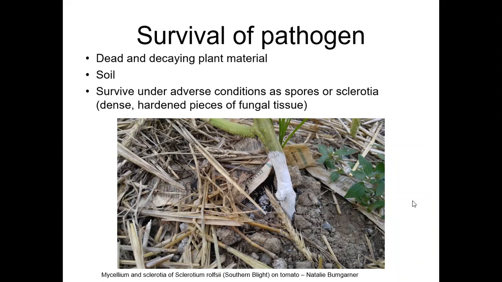But we can identify it through the lab by taking samples and making slides and looking for those fungal spores under the microscope and get those diseases identified. Because it's very similar to a verticillium wilt or a fusarium wilt. Those also will cause a plant just to up and die.